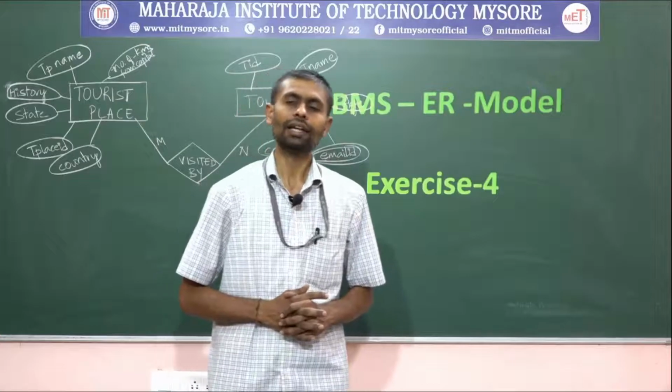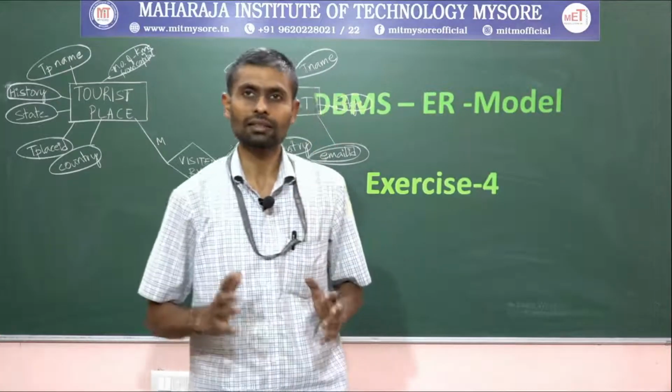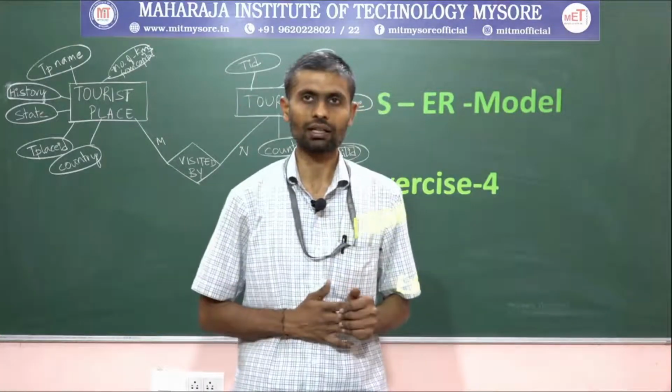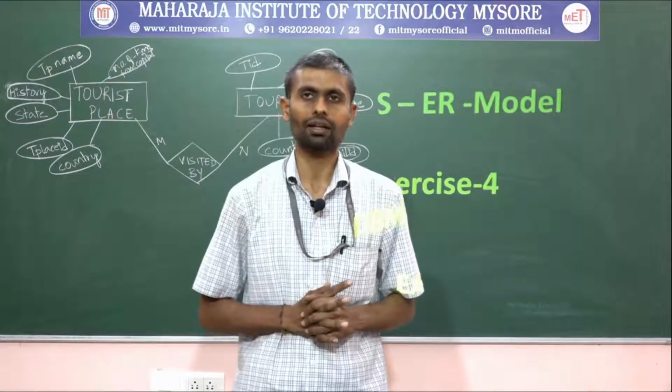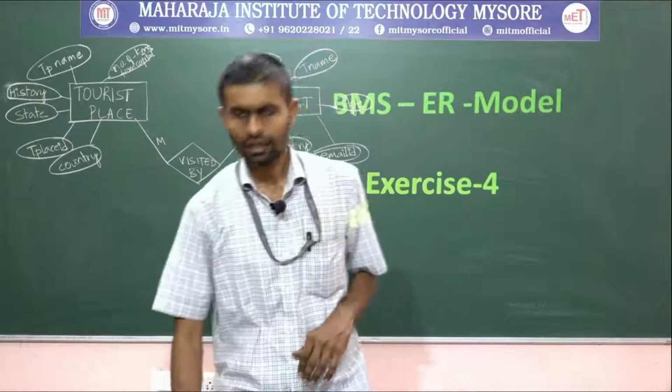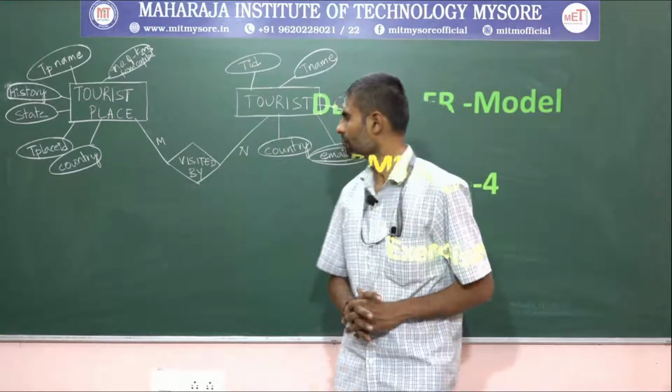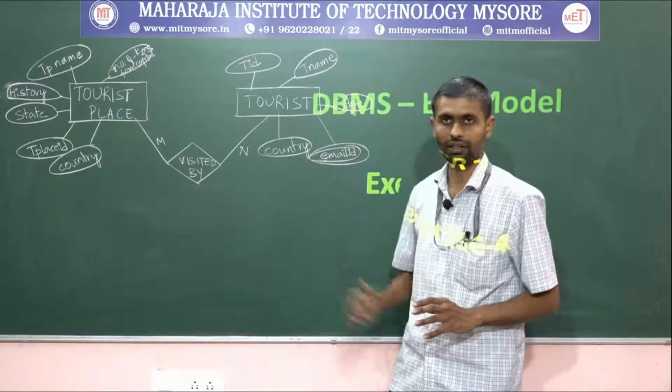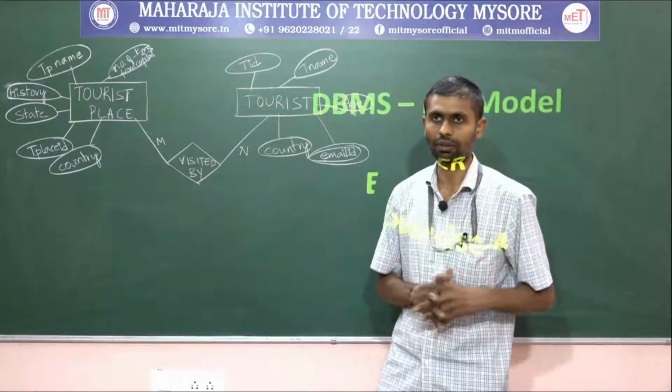Now we will discuss the fourth exercise of our lab set, that is the ER to relational mapping part for the fourth exercise. So guys, for that fourth exercise we constructed this kind of ER diagram in our previous sessions.